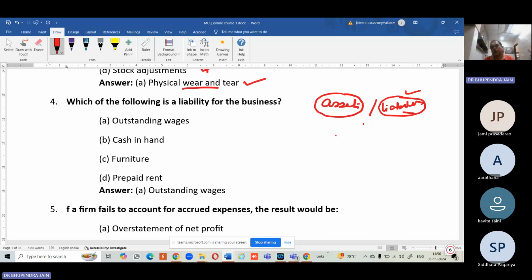Prepaid is called an asset and outstanding is called a liability. So cash in hand is your asset, furniture is your asset, and prepaid is also your asset. So what is the liability? The correct answer is the outstanding balance. All the outstanding is a liability and all the prepaid is an asset. We have already discussed in the class.